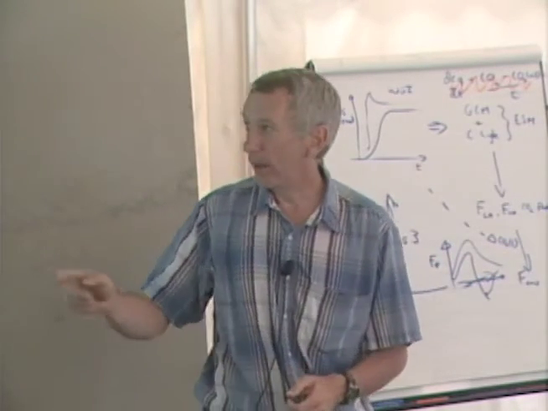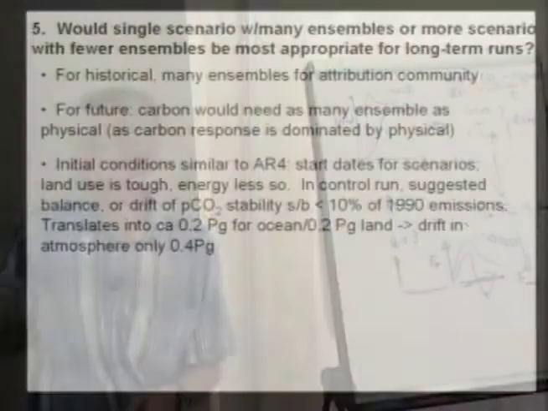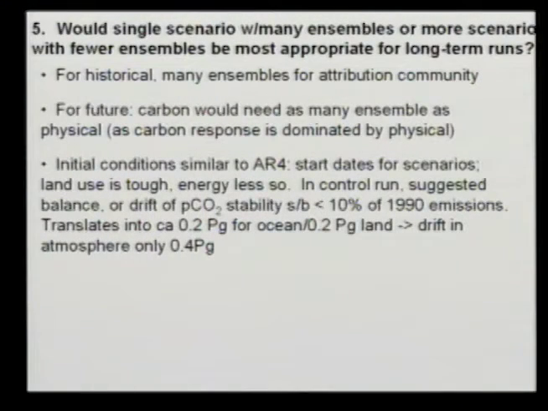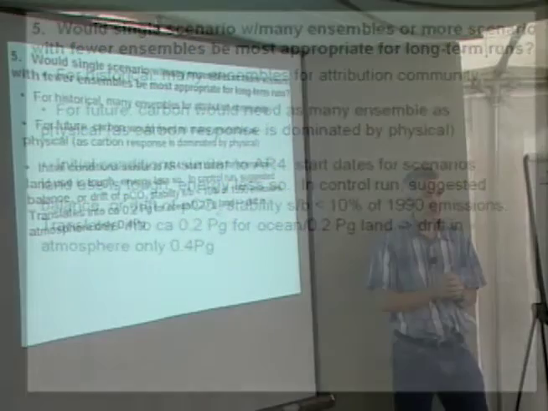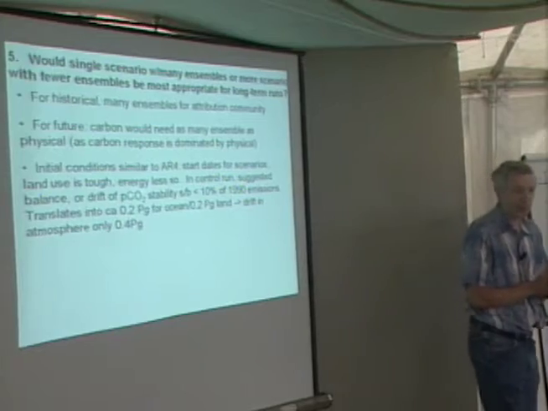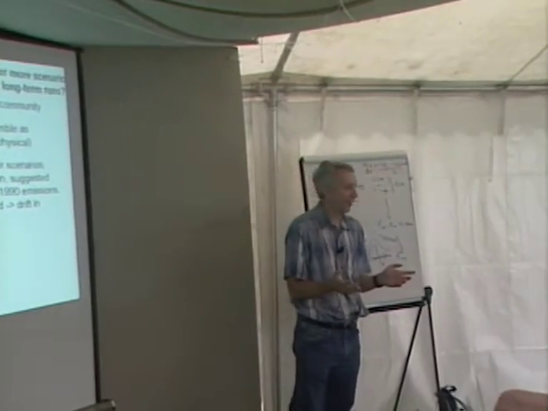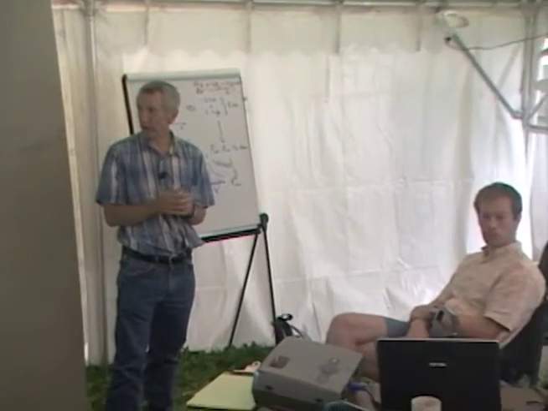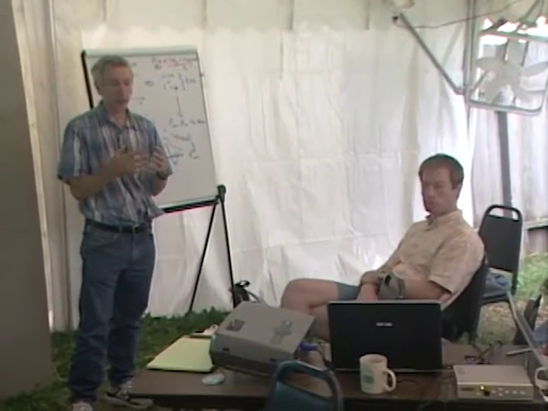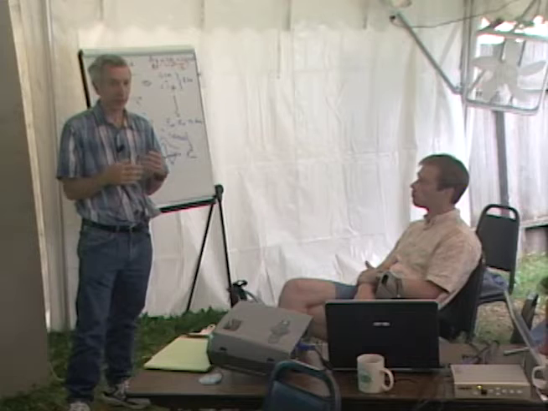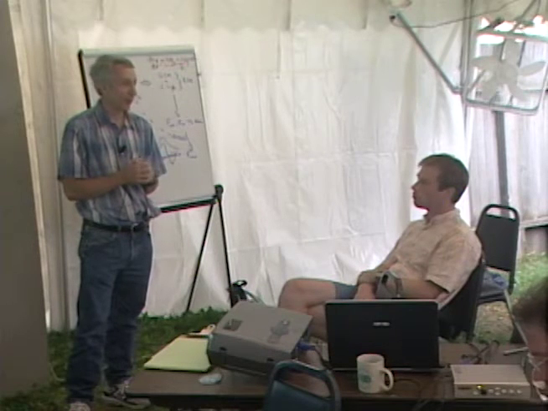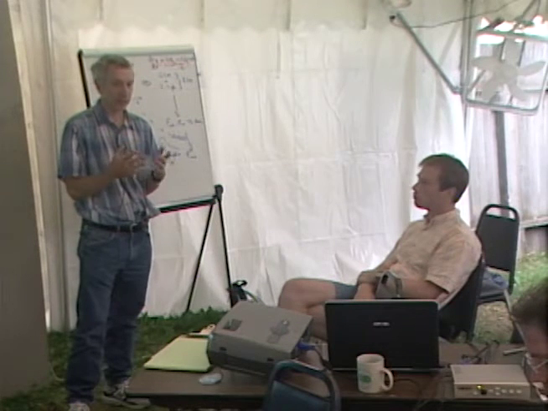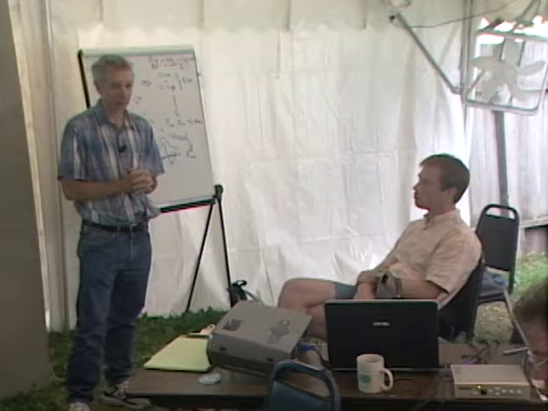Yes. And one evaluation that's going to be new is, okay, you're running a control, pre-industrial in quotes, since it's not really pre-industrial if it's 1850. But an evaluation criterion that is going to be used in the IPCC, no doubt, is, well, how stable is the PCO2 in that control run.